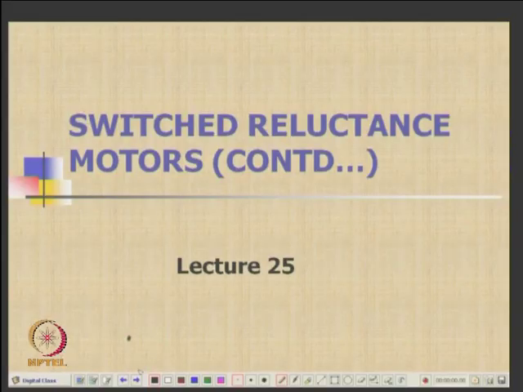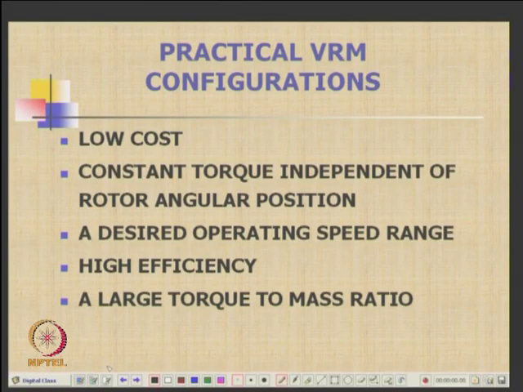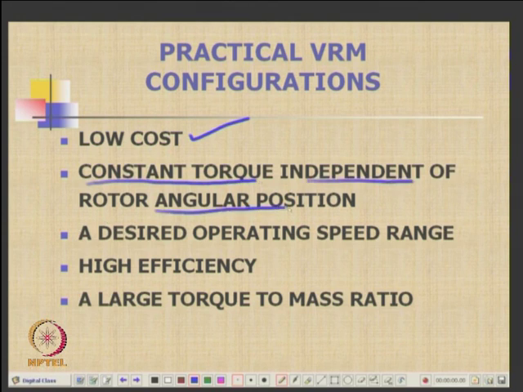Now, with this background, let us see the practical configurations of the SRM. It should have a low cost, and it must produce a necessary constant torque that does not depend upon the rotor position. It should provide the desired speed.